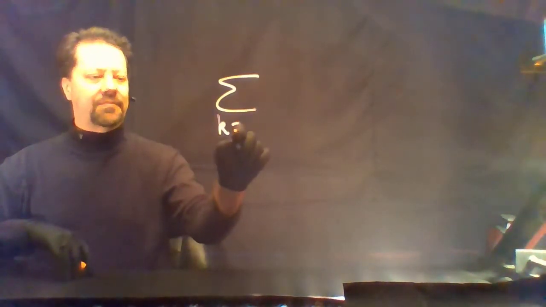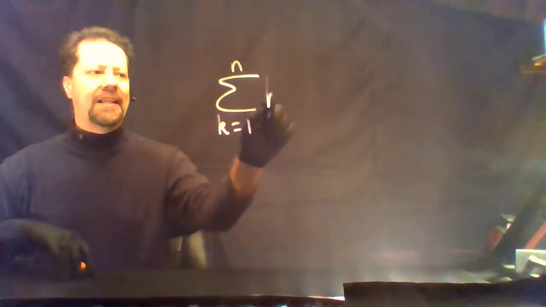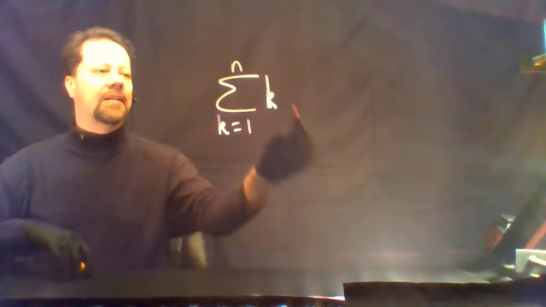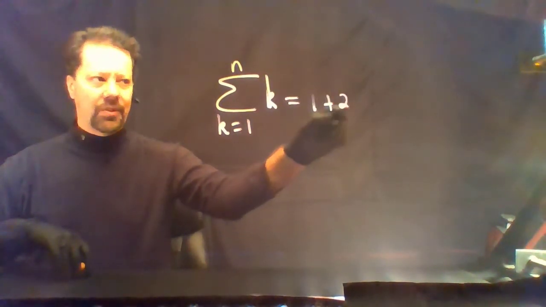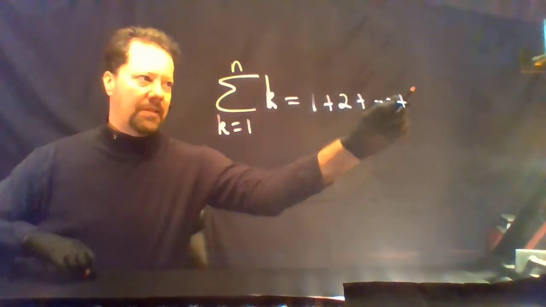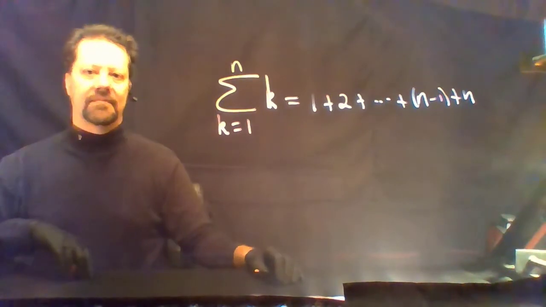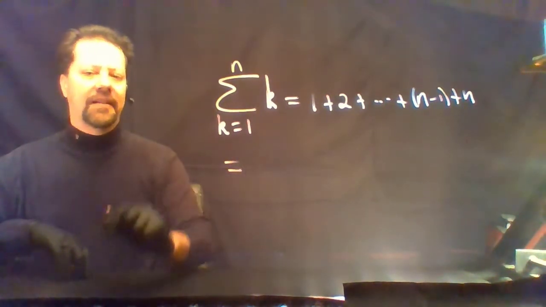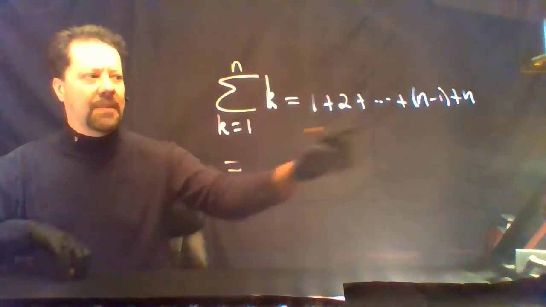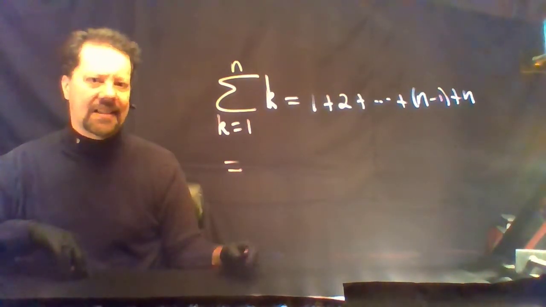It's natural to wonder then what happens in the sum as k goes from 1 to n of k. This is 1 plus 2 plus ... plus n minus 1 plus n. If n is even, you'll be able to pair them off just as we did last time.